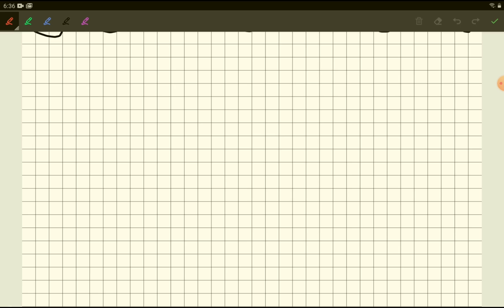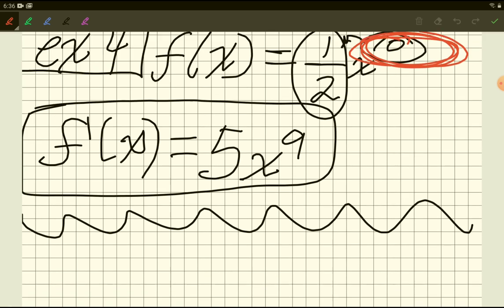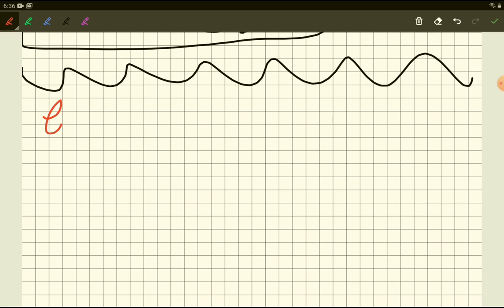So let's do one that involves square roots now. Example 5, square root example.